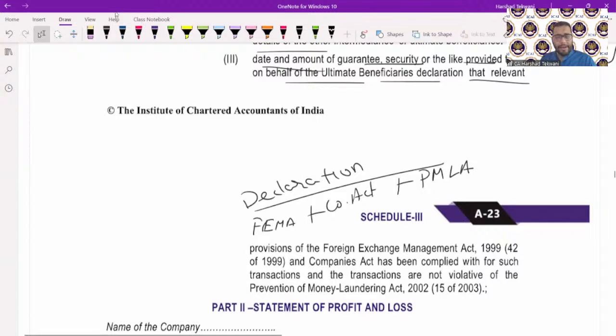And these are correlated with one another. So we will see some of the same things in CARO also. Even some of the same things were already there in Schedule 3, and they are linked with the provisions of the Companies Act also. I hope I am clear.